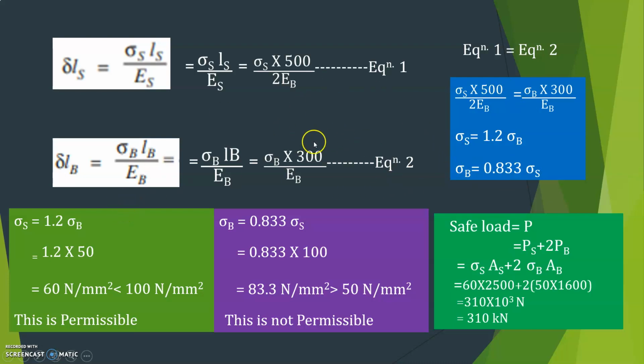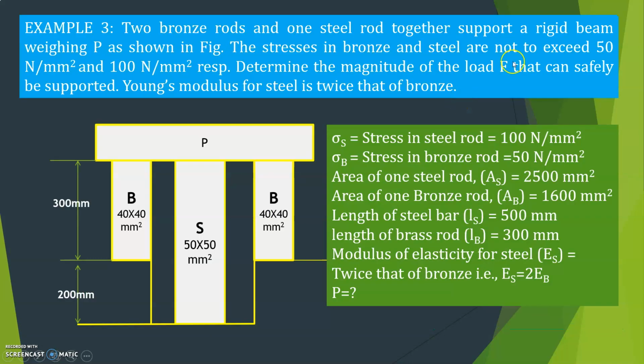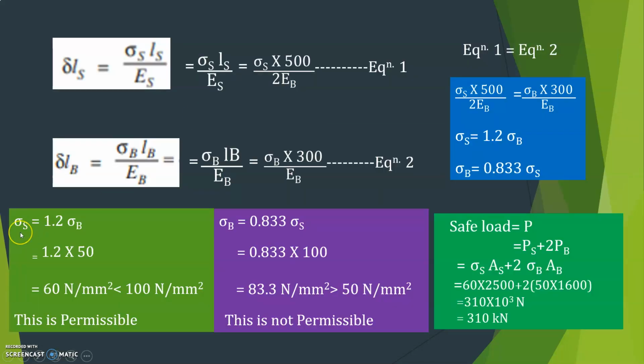Now what do you have to do here? You have to find the stresses which should not exceed these two values, 50 and 100. So let us first calculate the stress in the steel bar. Sigma S is equal to 1.2 times sigma B. This is what we got after simplifying.